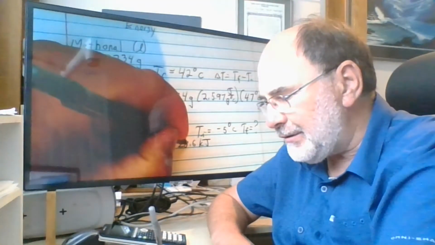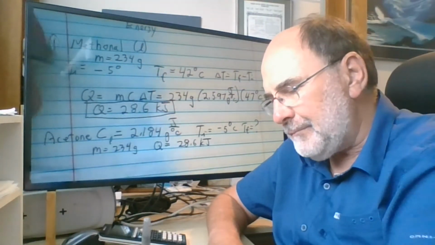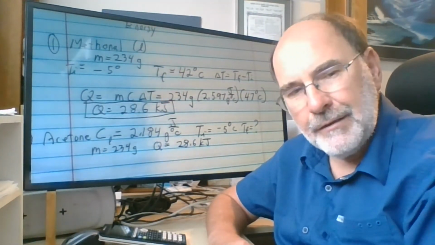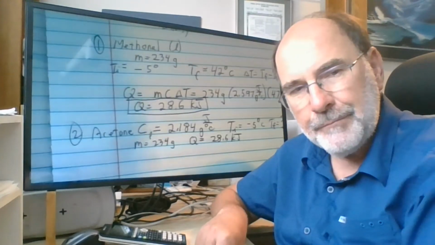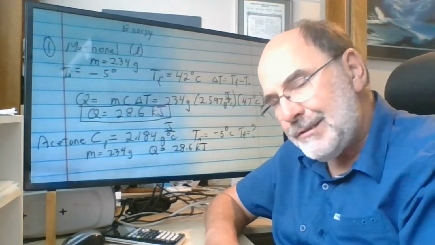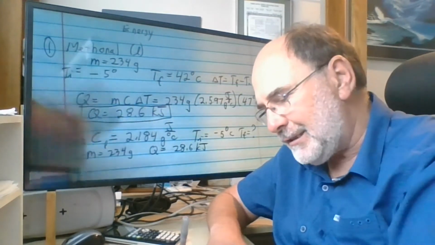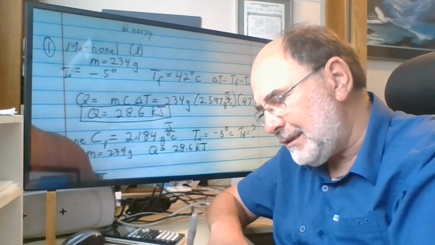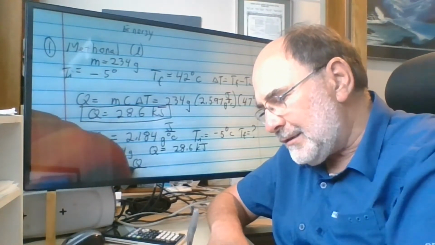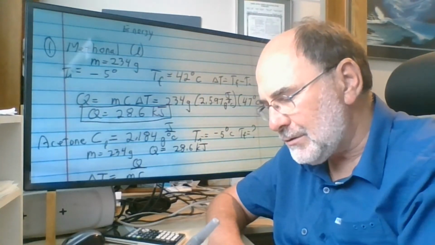So I'm going to take all the energy it took from the first problem, problem one, and use that as the starting value for here, problem two, which is what I scribbled over here. All right, so in this case, I need to rearrange the original equation to solve for delta T. Delta T is equal to Q divided by M divided by the specific heat.